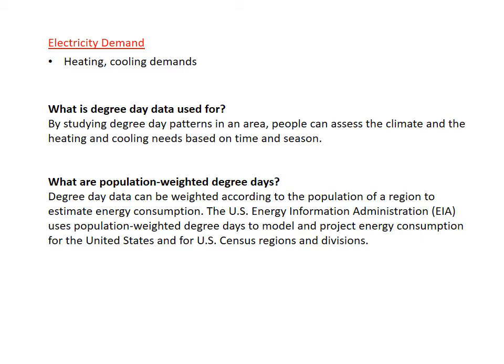So degree day data, which you can calculate directly from mean daily temperature data, is used to assess the heating and cooling needs based on time and season for a given region. If you wanted to translate it directly to electricity demand, you could model it.